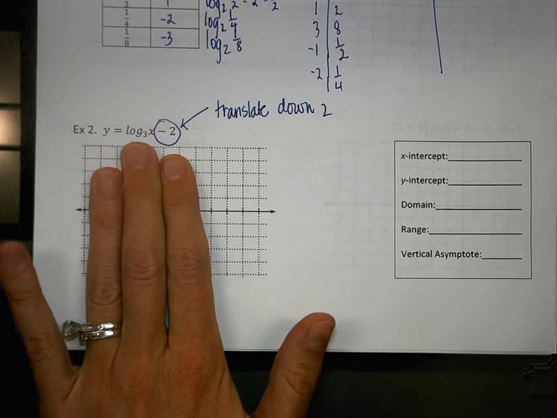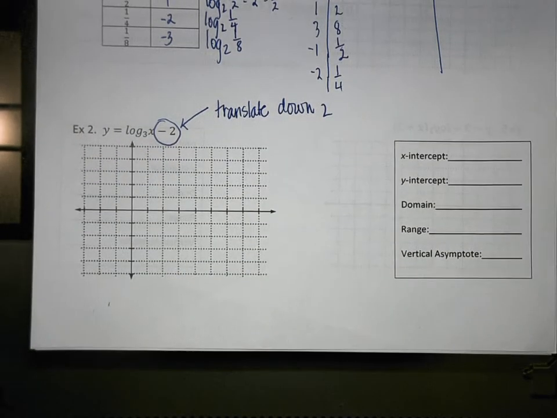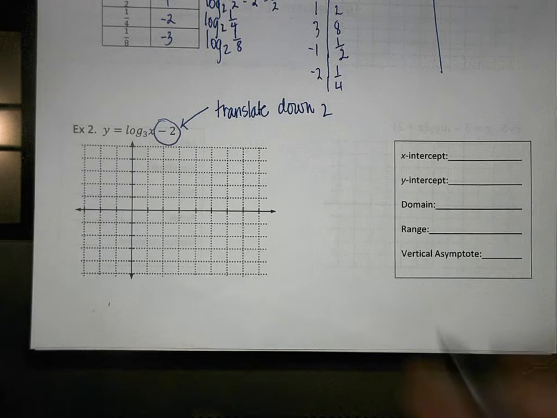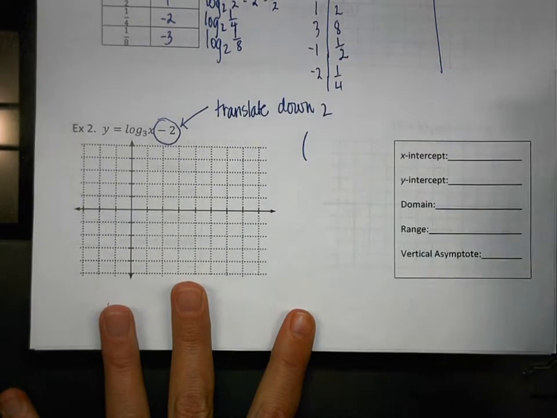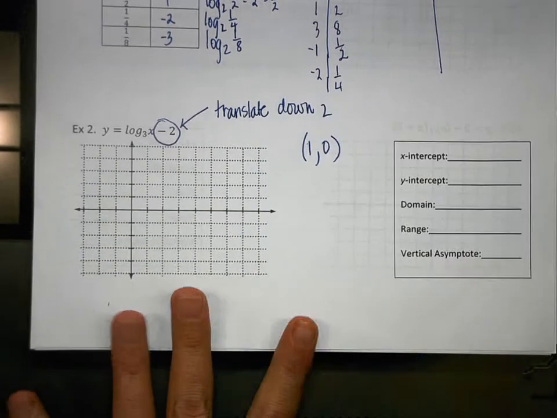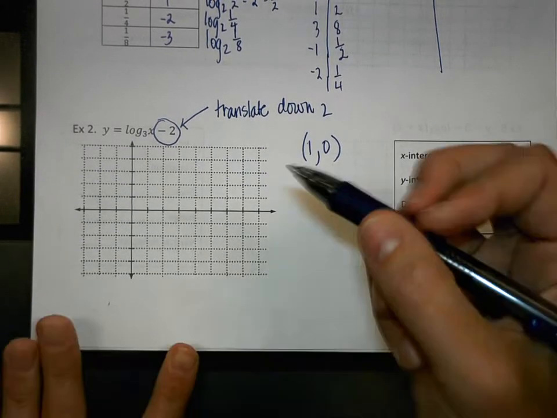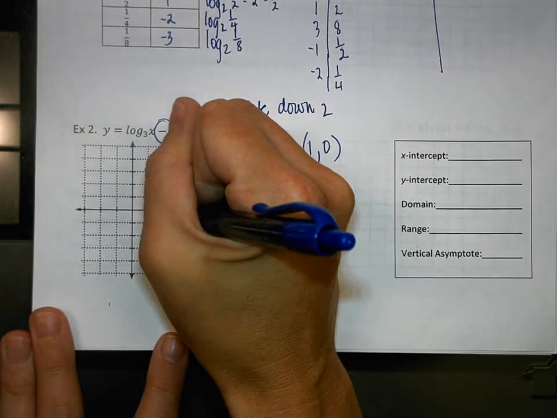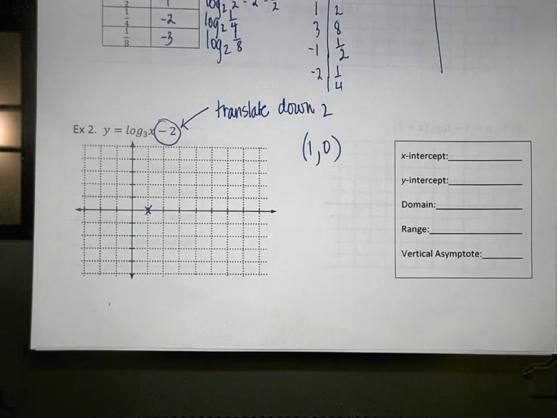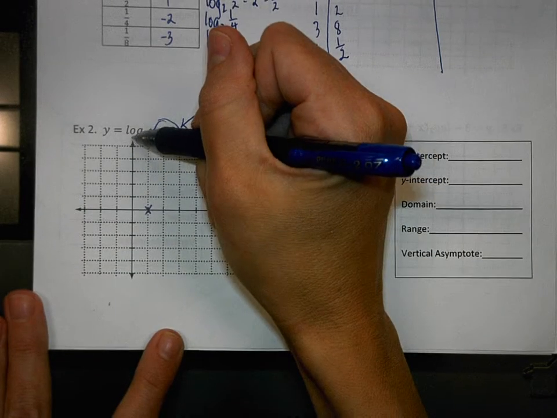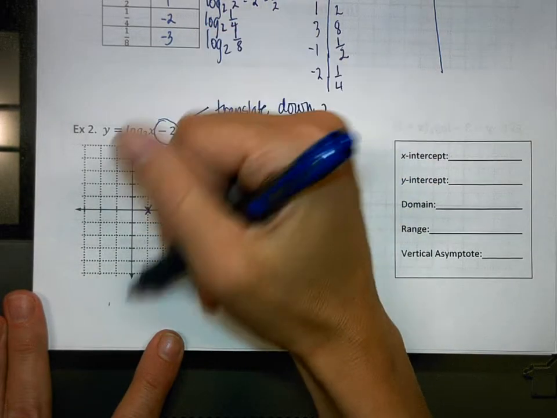All log equations, before they're translated, they all have the point what? 1, 0. So remember how we've been graphing this year, and I personally think the easiest thing to do is at (1, 0), we mark that with an X, and then we translate from there. Also, all of them are going to have this vertical asymptote at x equals 0.